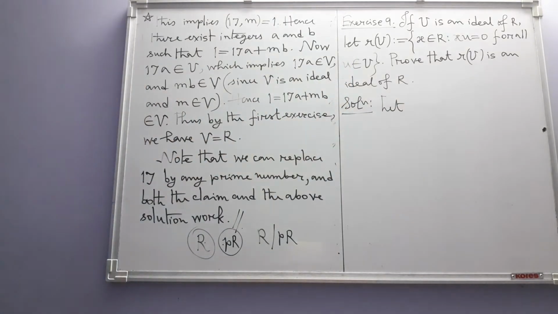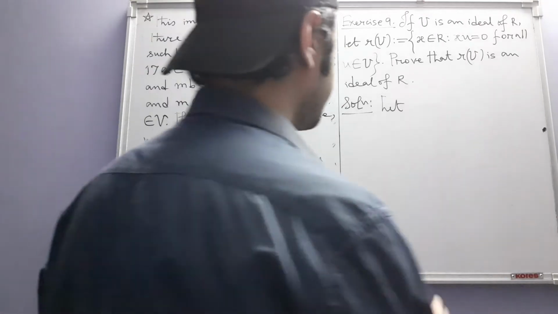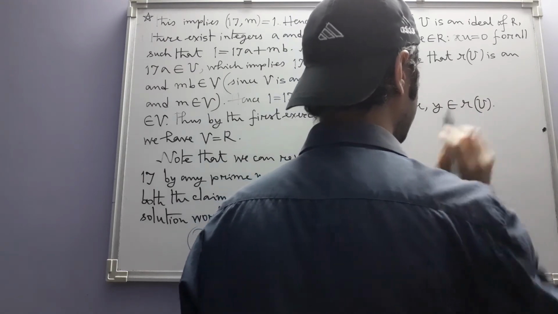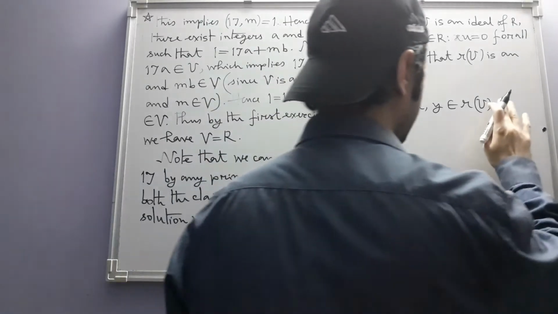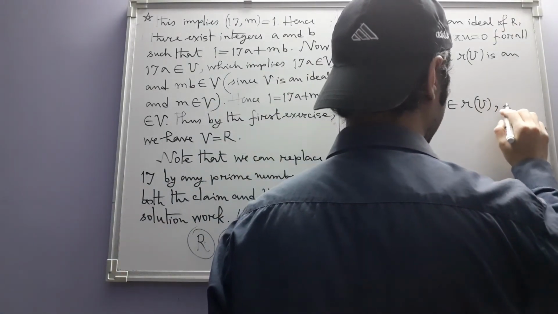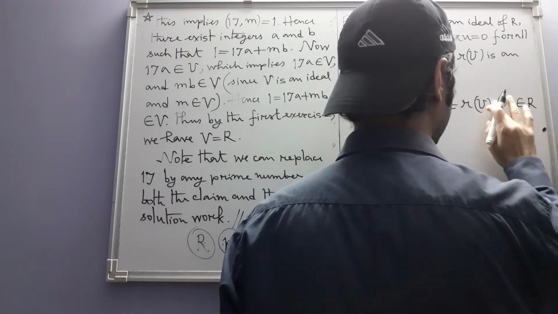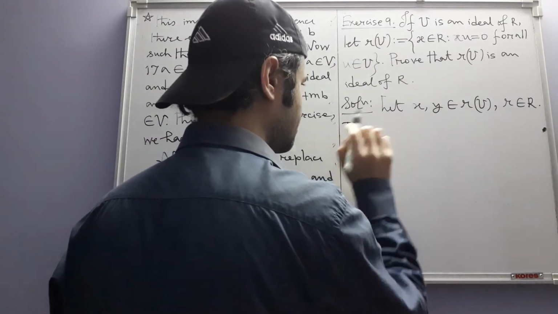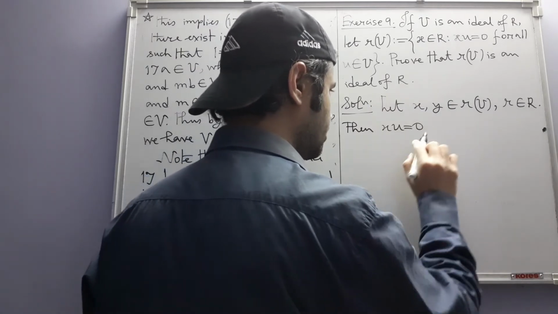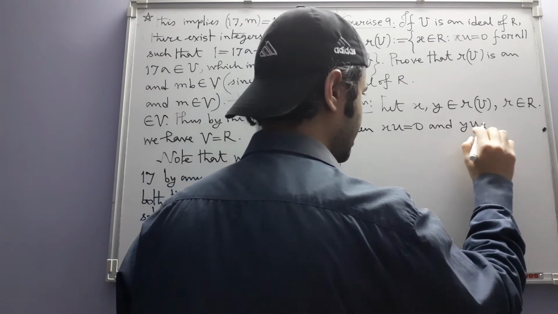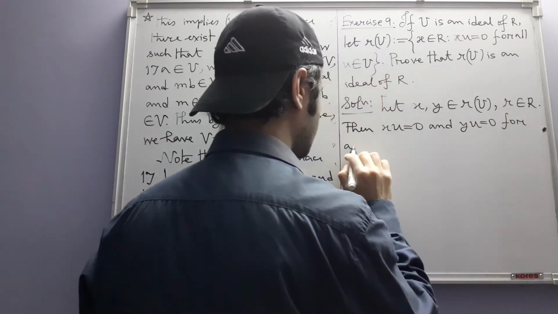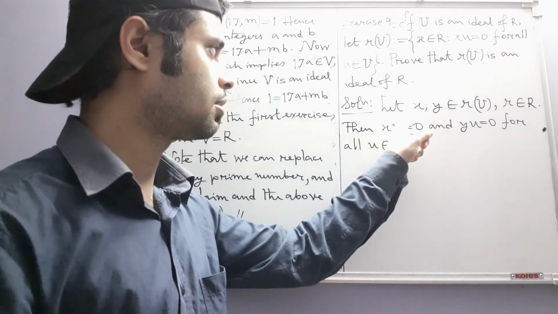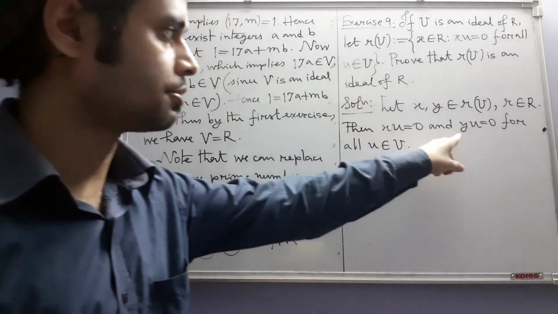So let X and Y belong to RU. Okay, so we have taken two elements in RU, and at the same time let us also take an element in R. Then XU is equal to 0 and YU is equal to 0 for all U belonging to U. This is just the condition for X and Y to be in RU. Since they are in RU, this is true.